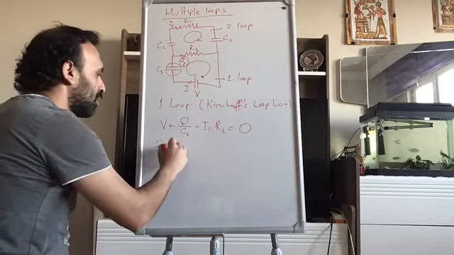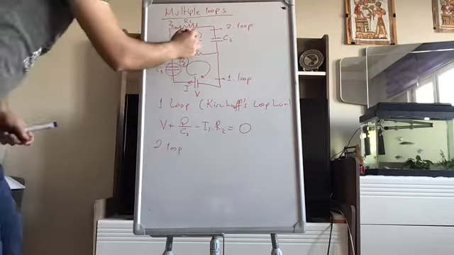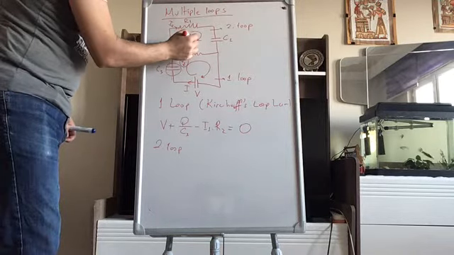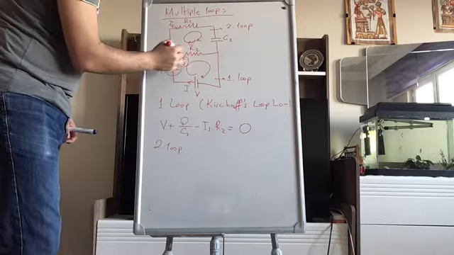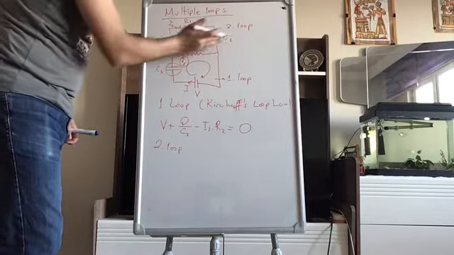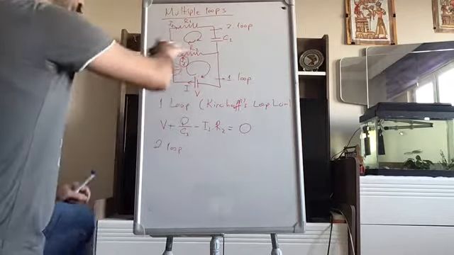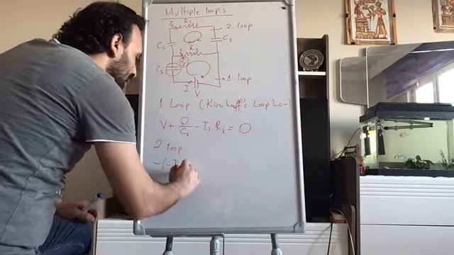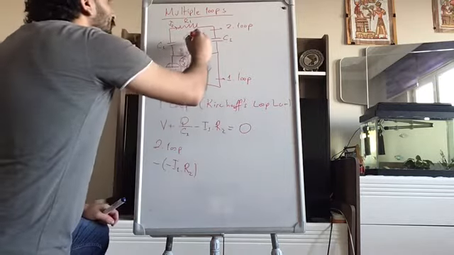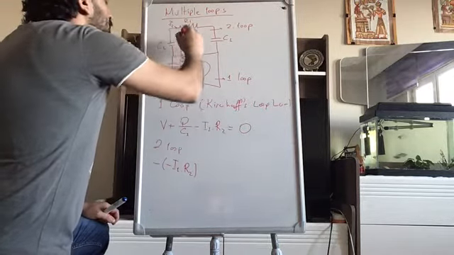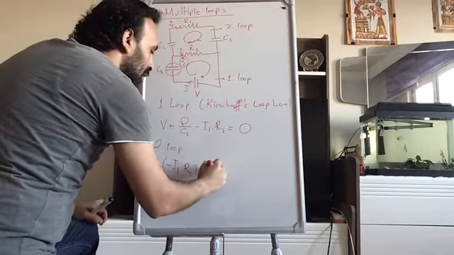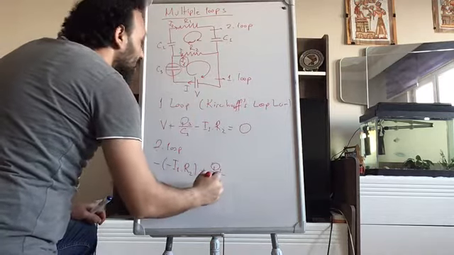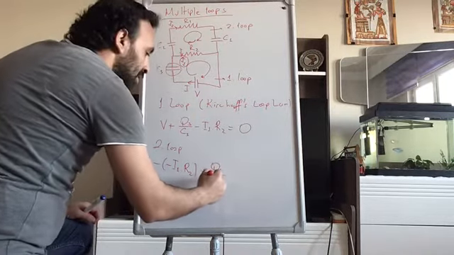And for the second loop, now we are going to move over here. Now we need to check what we have. If we start here, we are moving in this direction, but I1 is moving in this direction. So we are in the opposite direction of I1. So minus I1 times R2, and now moving in the same direction as I2, plus Q, let's call it Q3 here, Q1 over C2.